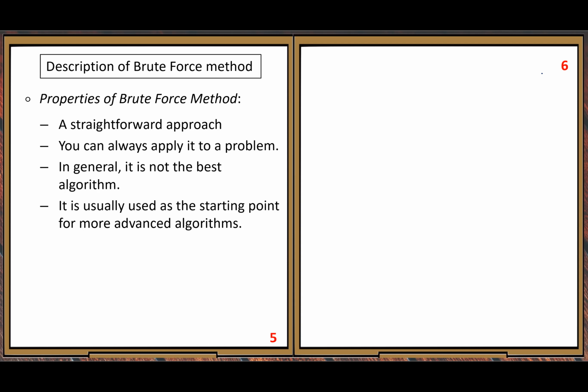The first step, you can try the brute force method. Just get something. Then we do the improvement after that. We know that won't be our final solution.